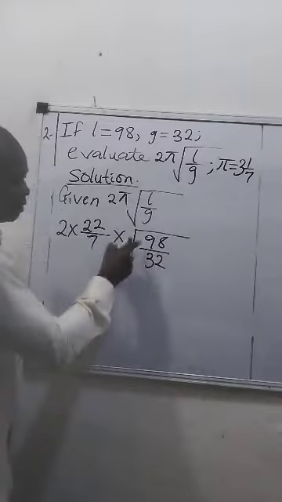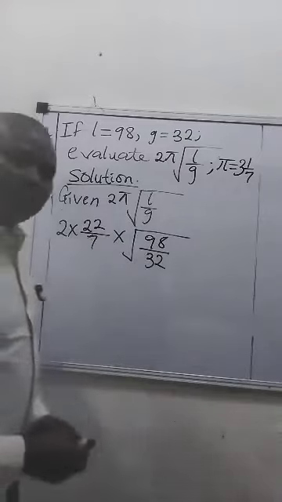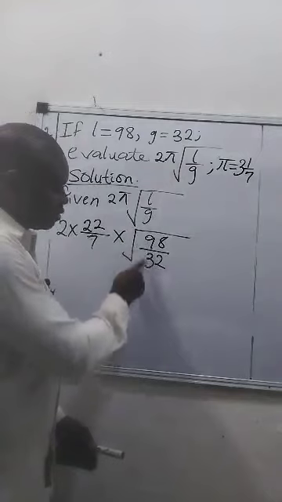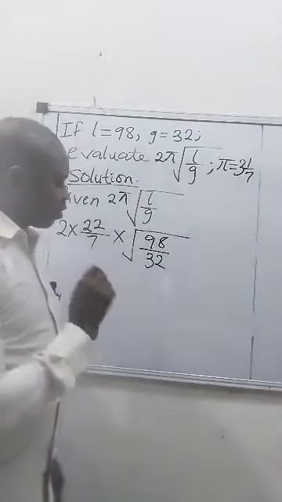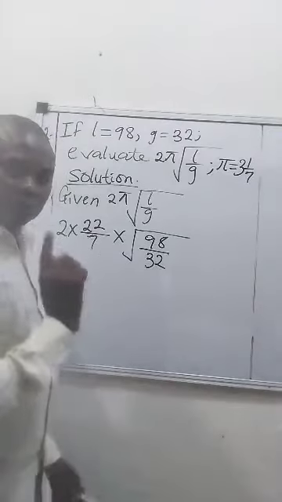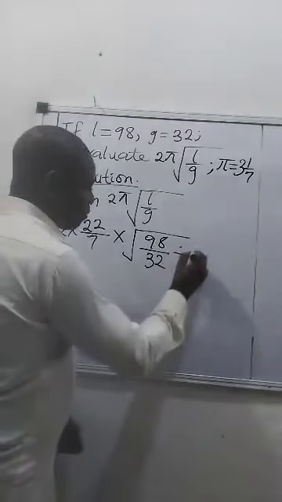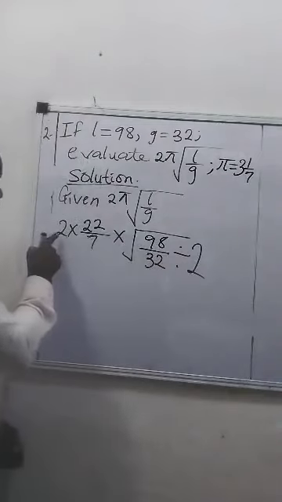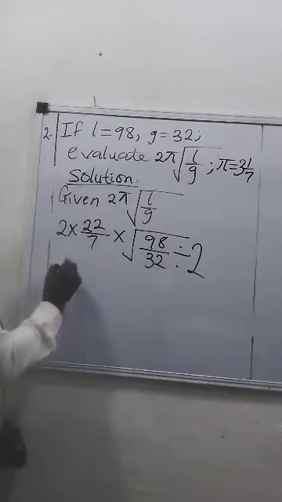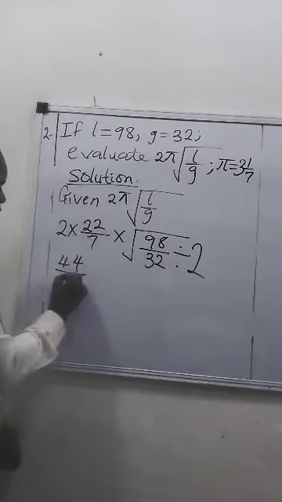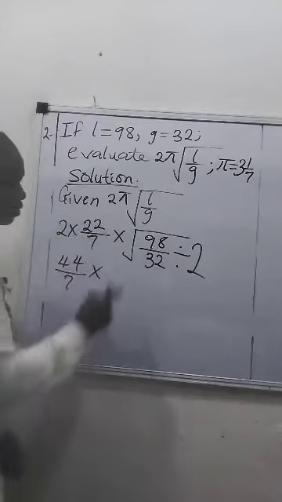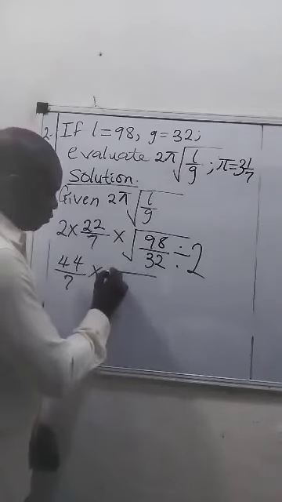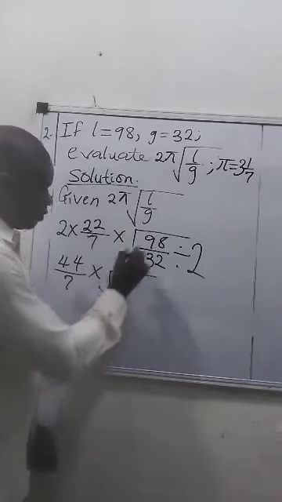Now, looking at 98 and 32, both of them are not perfect squares. We can reduce them by using the common factor. What is that common factor? 2. So if you divide both of them by 2, okay, let's continue from here. 2 times 22 will give us 44 all over 7 times, 2 goes into 9 is 4, remaining 1.